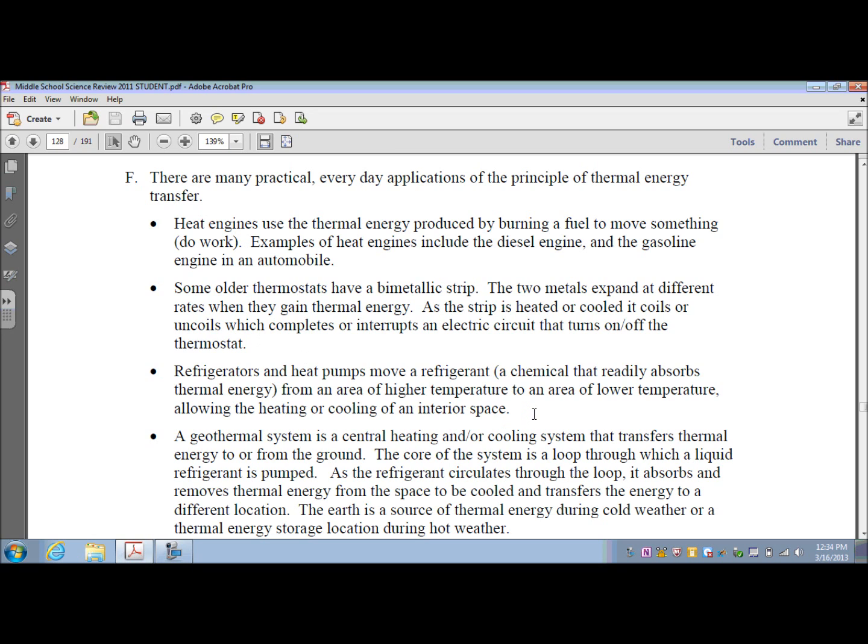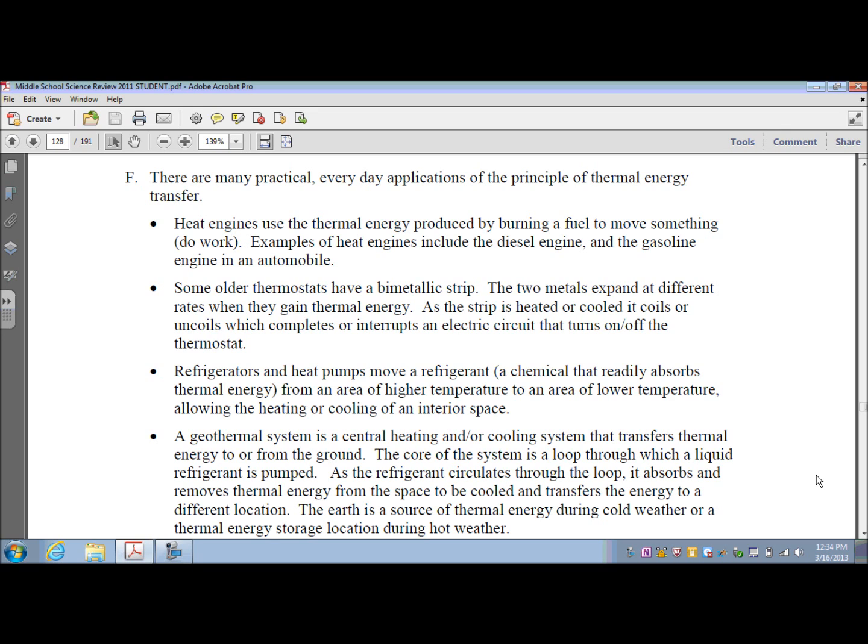Refrigerators and heat pumps move a refrigerant, a chemical that readily absorbs thermal energy, from an area of high temperature to an area of lower temperature, allowing the heating or cooling of an interior space. A geothermal system is a central heating and/or cooling system that transfers thermal energy to or from the ground.